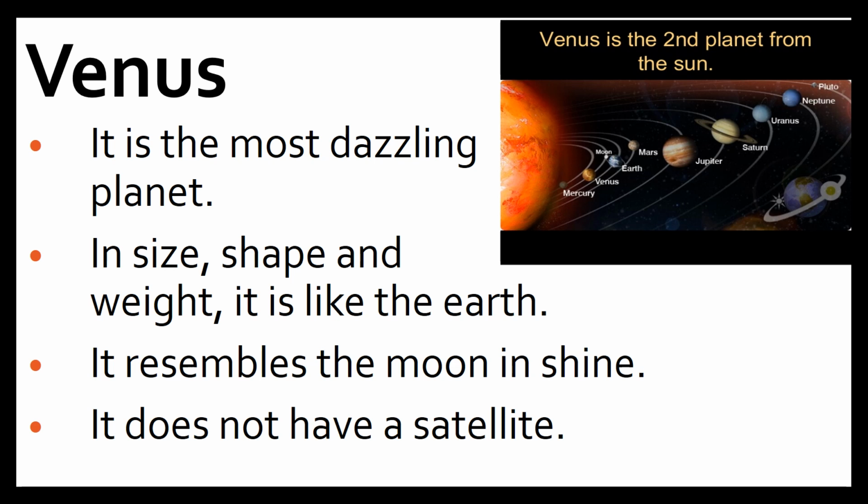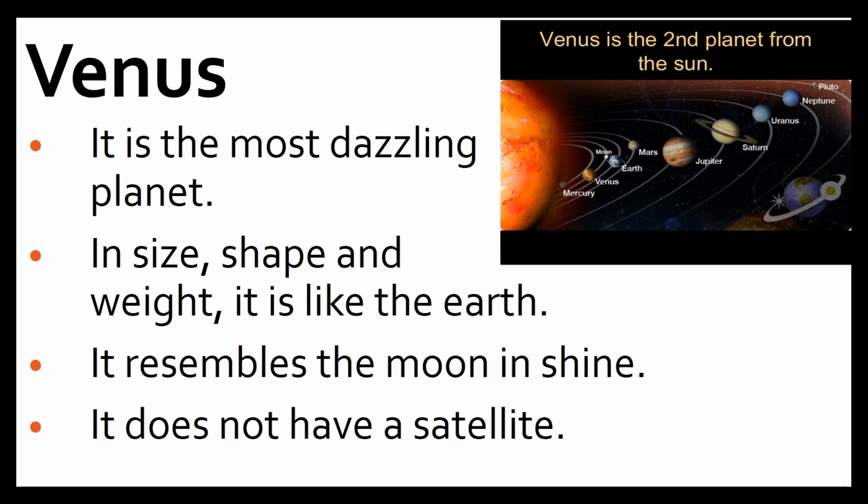Venus resembles Earth very much, and that is why both these planets, Venus and Earth, are called twin planets because they have similar shape, similar size and similar weight. Venus resembles the Moon in shine and does not have a satellite. It is the second planet in our solar system and it is just beside Earth.